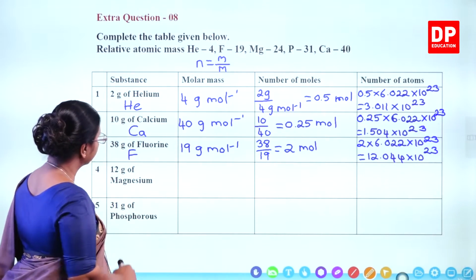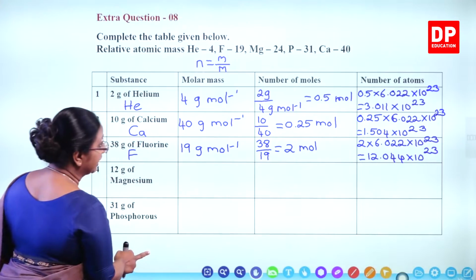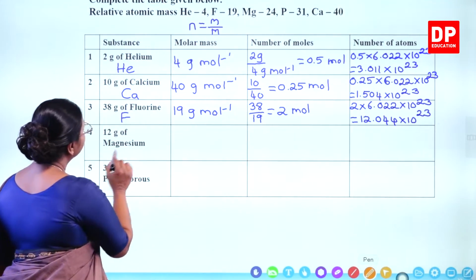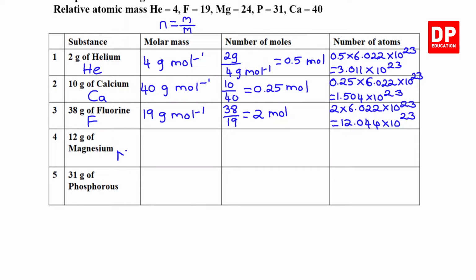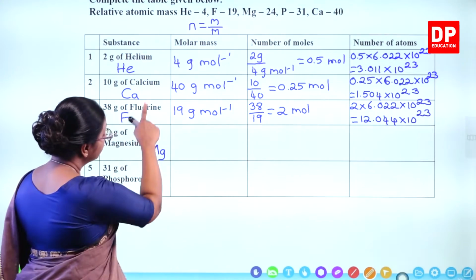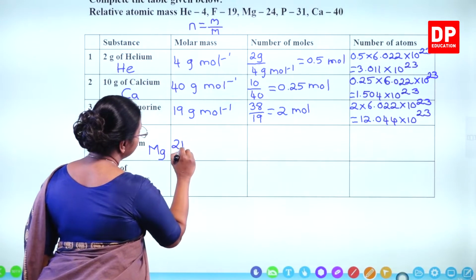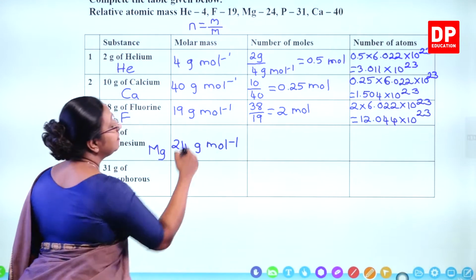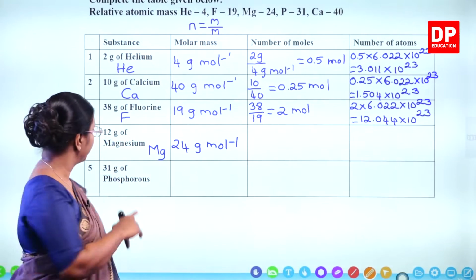Then the next one, 12 grams of magnesium. What is the relative atomic mass? 24. So what is the molar mass? 24 grams per mole. Then we need to calculate the number of moles.